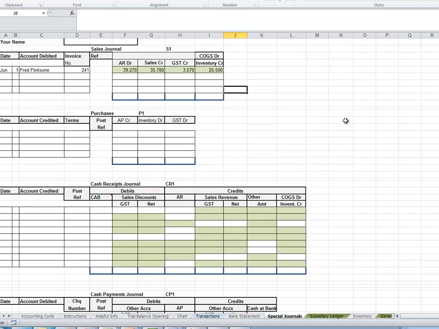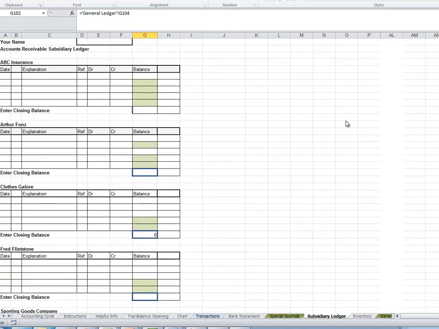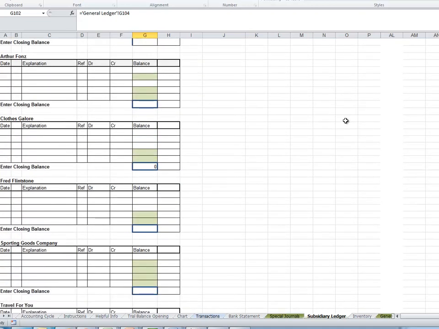Fred Flintstone owes us money, so go to Fred Flintstone, accounts receivable. Now I haven't put the opening balances in here yet because I didn't do that in the last video. Hopefully you have, so this will balance for you when you get it right, but for me it won't. So Fred Flintstone, June 1, explanation.